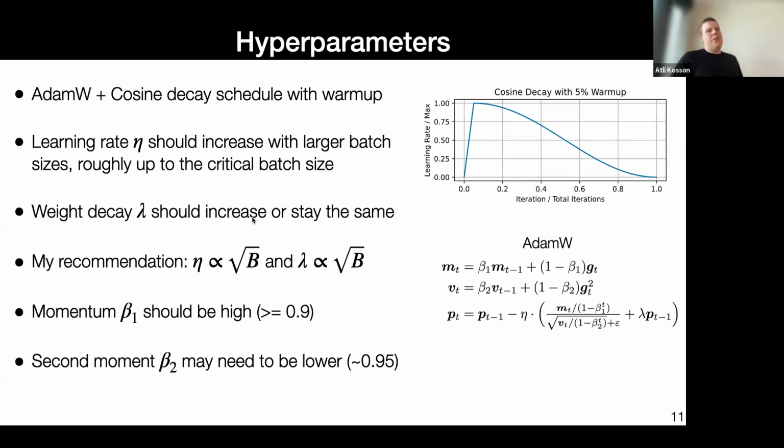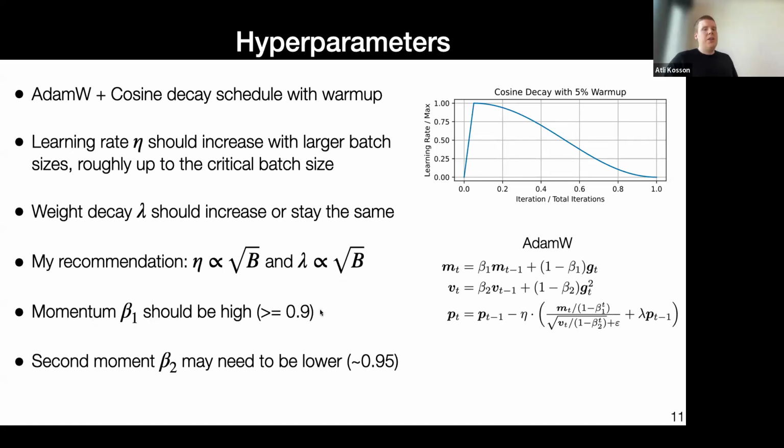With weight decay, it's a similar story. Weight decay is like a second learning rate that scales your actual learning rate in some way. So my recommendation for this AdamW optimizer would be to scale the learning rate roughly with the square root of the batch size, and the same with weight decay.